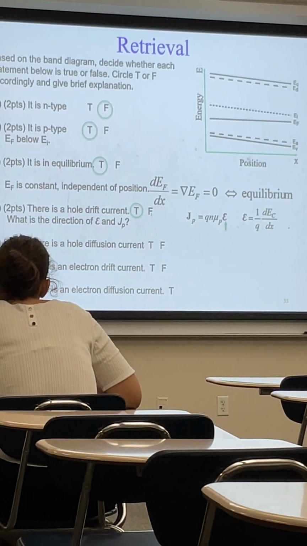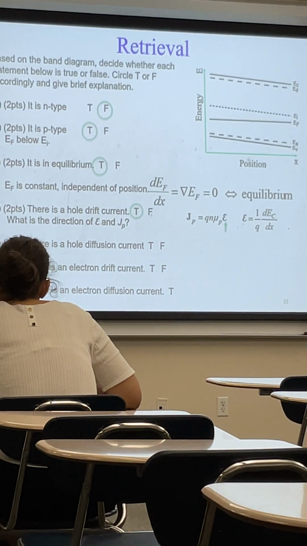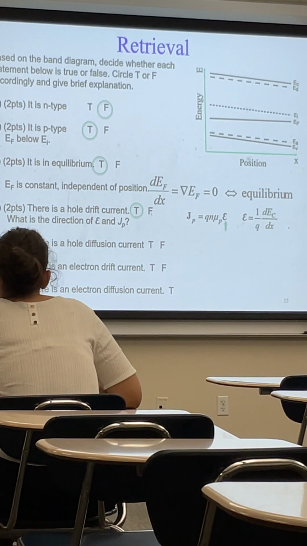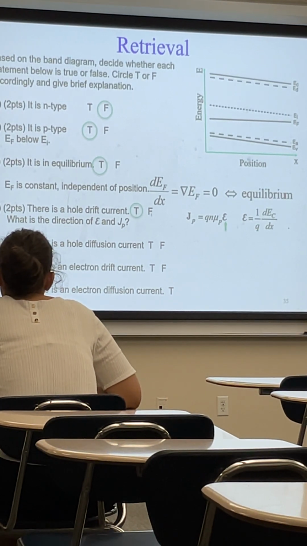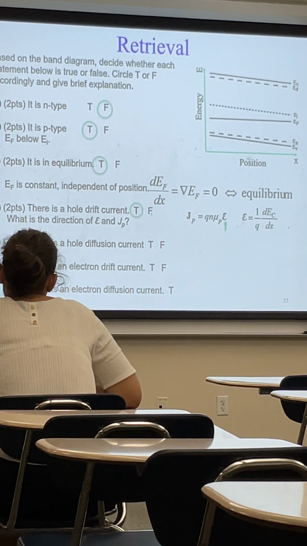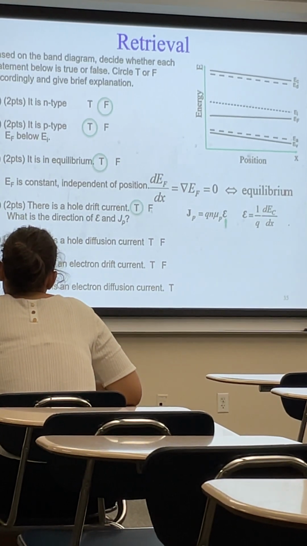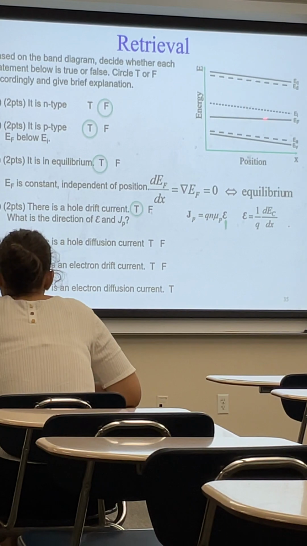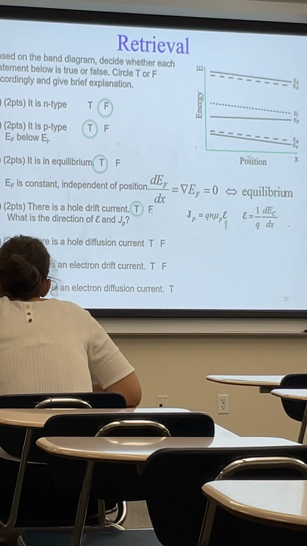So what's the driving force for the diffusion current? The gradient, right? The gradient in carrier density. So now let's see whether the carrier density is uniform across the material, or there's a gradient. Is the hole concentration uniform inside the material? Does it change with position x?